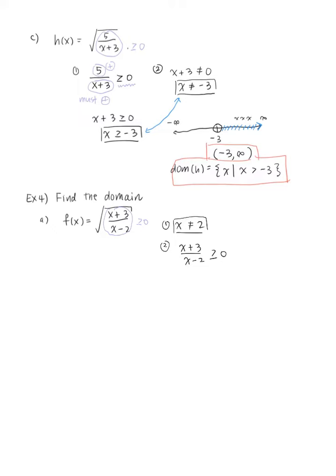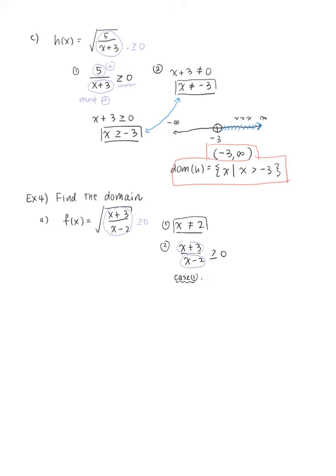Now from here, there are two cases. Case 1 would be that both numerator and denominator must be positive. Or case 2 would be that the top and the bottom both must be negative, because positive over positive gives a positive value, and negative over negative will give us a positive value.